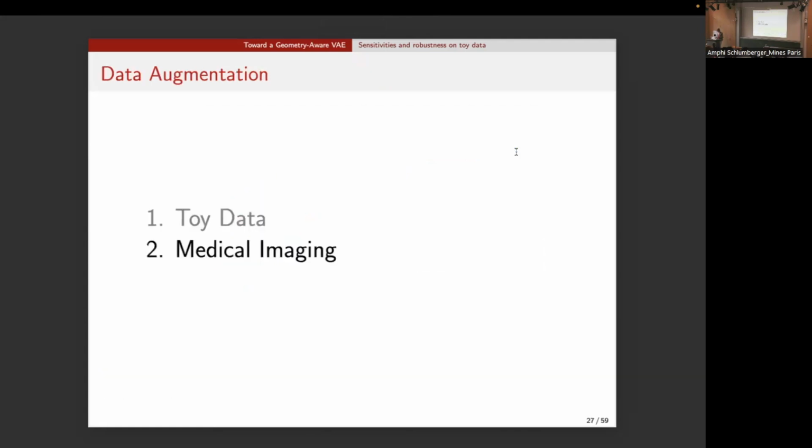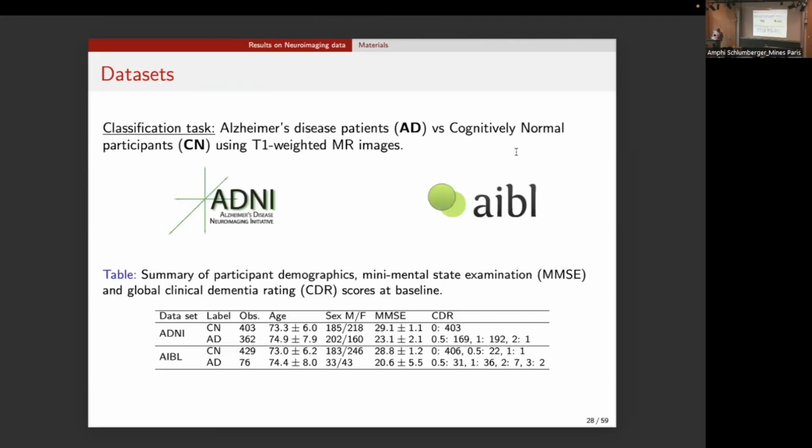Right, so just to end up with this, what happens with real data? The real data that we've been using are of two kinds. There are two data sets of Alzheimer's disease patients and control patients that were scanned both in the US and in Australia. Here is the repartition of the population for both data sets.